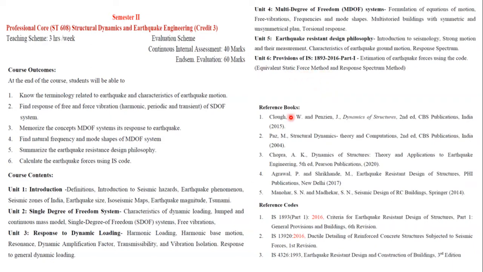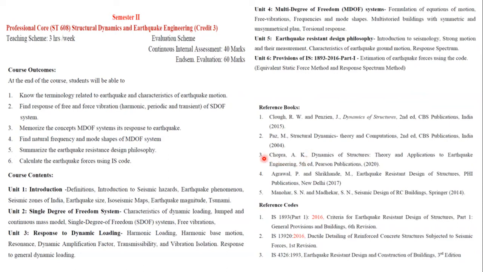These are some of the reference books which you should refer. All these books are available in our college library. First is Dynamics of Structures by Clough and Penzien. Second is a very good book written by Mario Paz, Structural Dynamics: Theory and Computations.